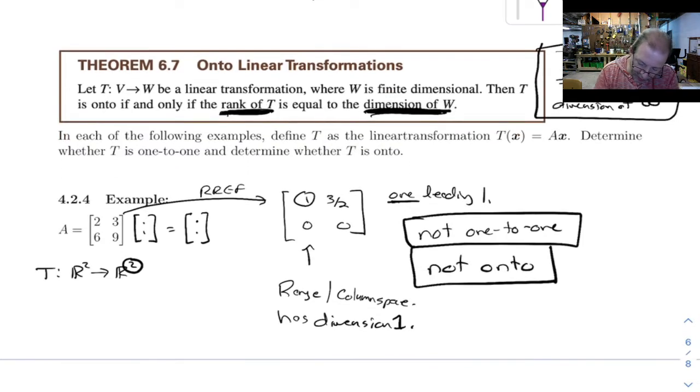It means that this linear transformation with this matrix actually just maps R2 to a line in R2. How do I know a line? Because the dimension over here is only 1. So it doesn't map it to the entire thing, and therefore it's not onto.